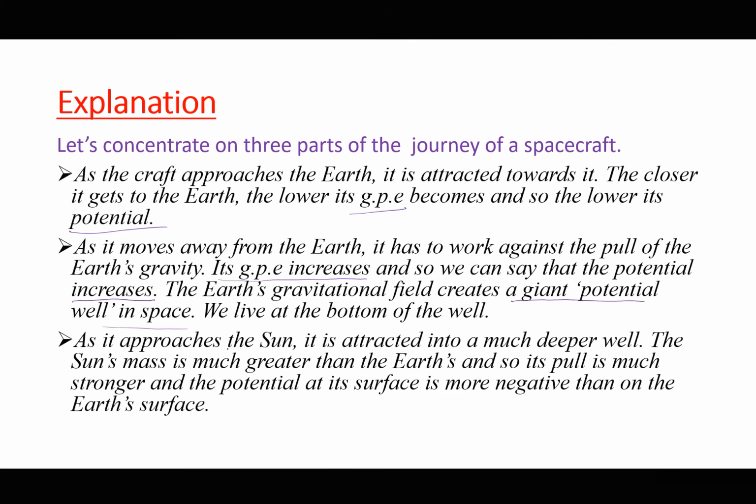And as it approaches the Sun, it is attracted into a much deeper well than that of the Earth. The Sun's mass is much greater than the Earth's, and so its pull is much stronger. And the potential at the surface of the Sun is more negative compared to that of the Earth.